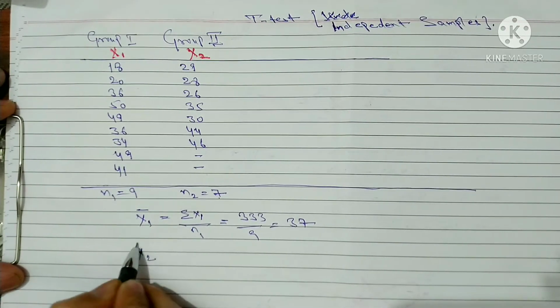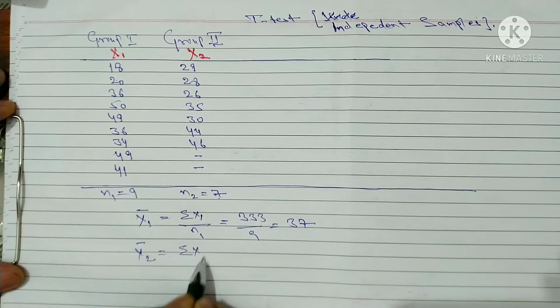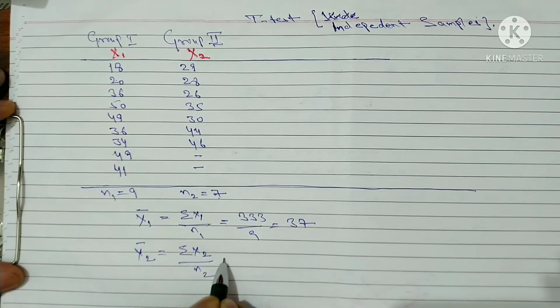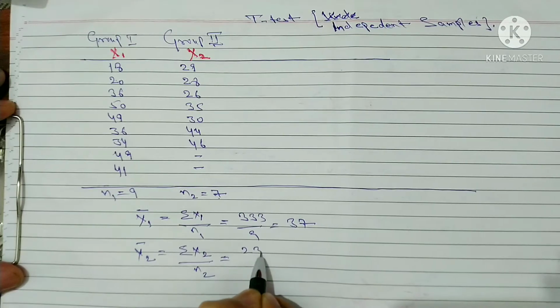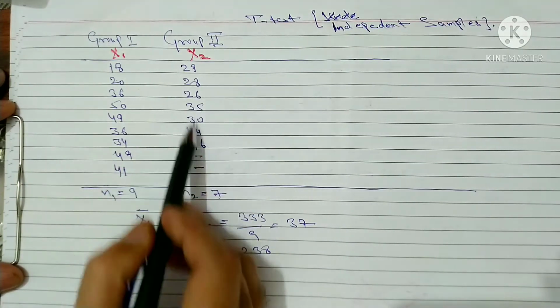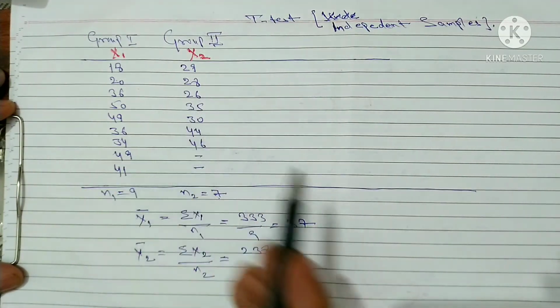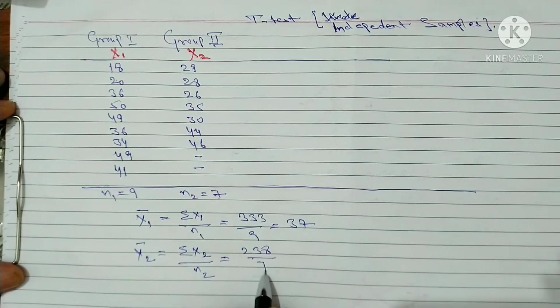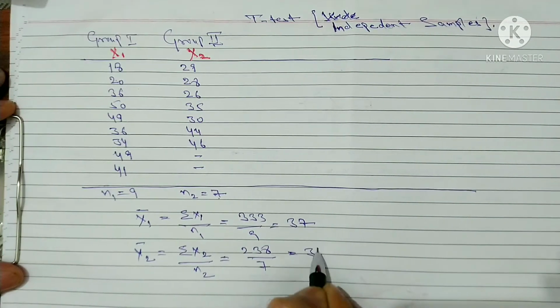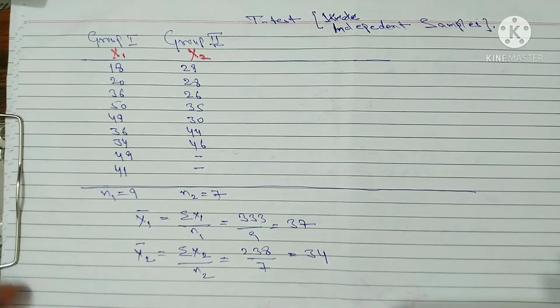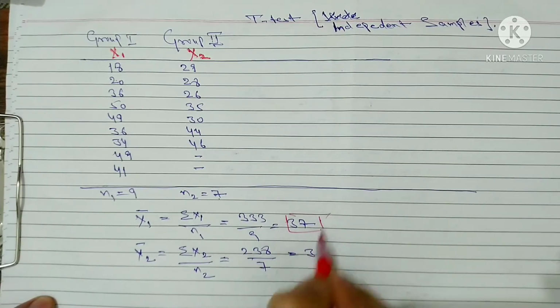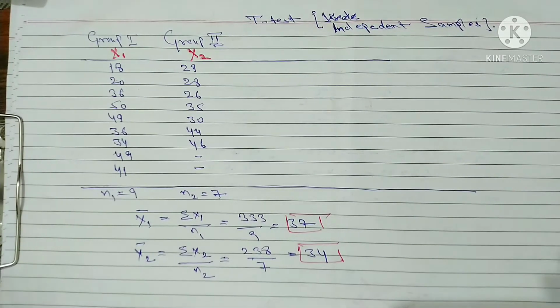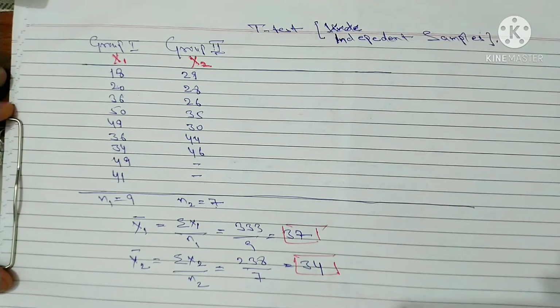And mean of second group equals summation of x2 by n2, the sum total of all elements of group 2 is 238, divided by 7, which equals 34. So mean of x1 is 37 and mean of x2 is 34.